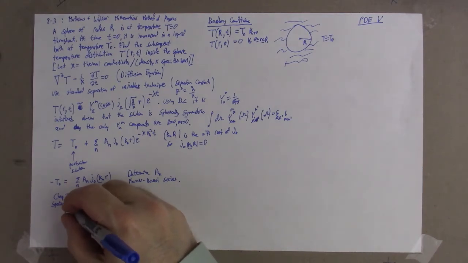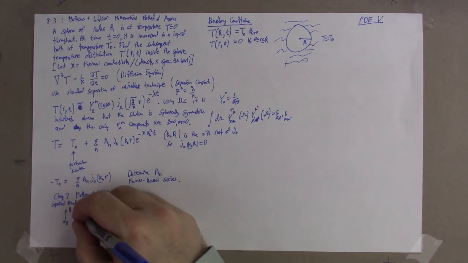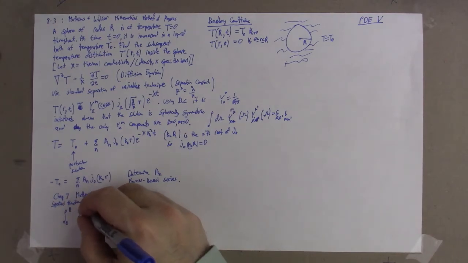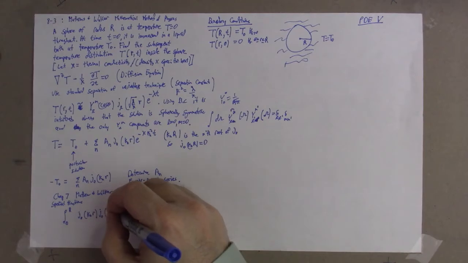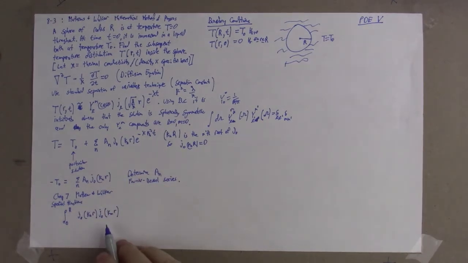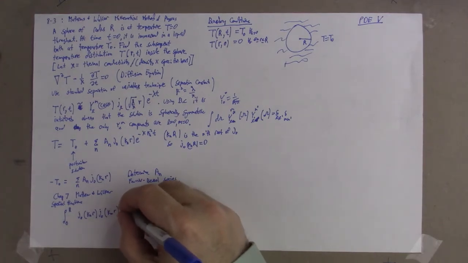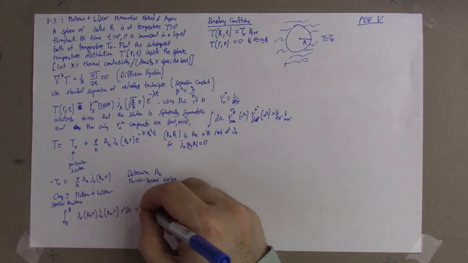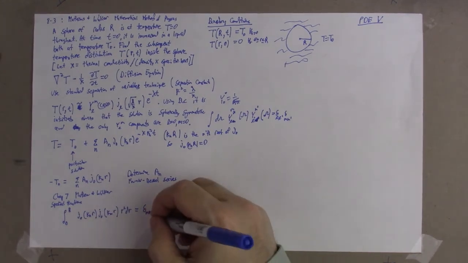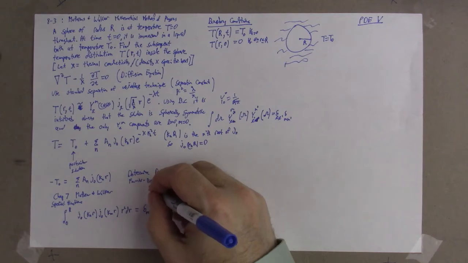Anyway, the integral from 0 to R of the spherical Bessel function J0 knr times another spherical Bessel function J0 kmr. See, here we're using the two different roots. R squared dr takes care of the measure for the spherical case. This is equal to delta mn. I'm sure you're all familiar with the Kronecker delta.